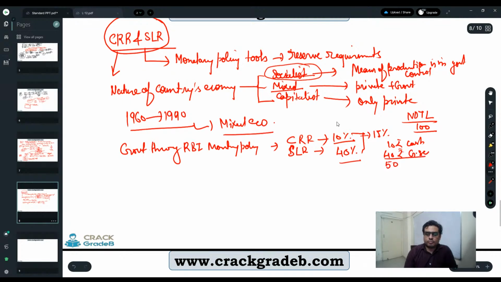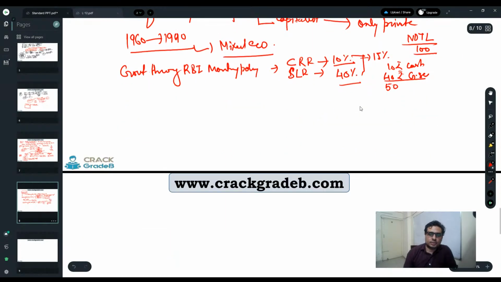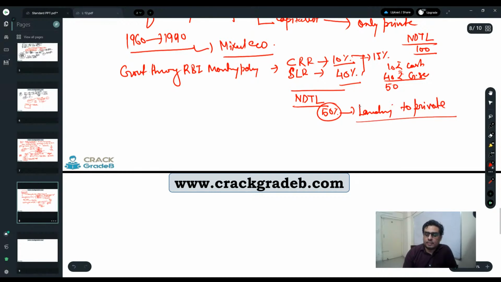So 50% of the bank's money is blocked, the money it has received in terms of NDTL, net demand and time liability. So they have only 50% money available for lending to a private person or company.